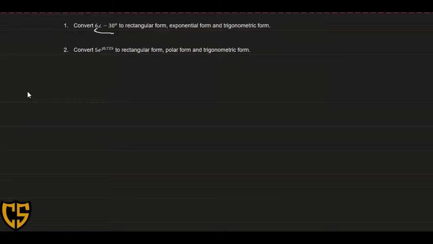So first, ang una natin nga himuon is we are going to plot a graph. So ma-plot kita sang graph kag i-represent naton dana ang aton nga complex number, 6 angle negative 30. So take note. Paano natin siya liwat i-graph?